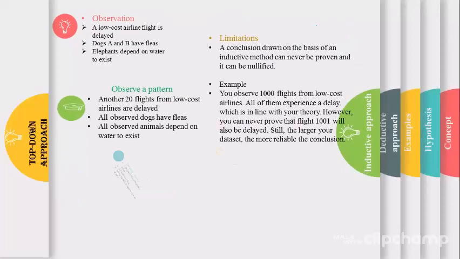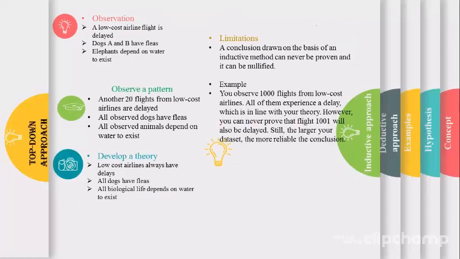Let us see the inductive approach. In the same way, but here we don't have the theory at first. It is just observed that one low cost airline flight is delayed. It's just a random case. To check a pattern, we have to do more observations.